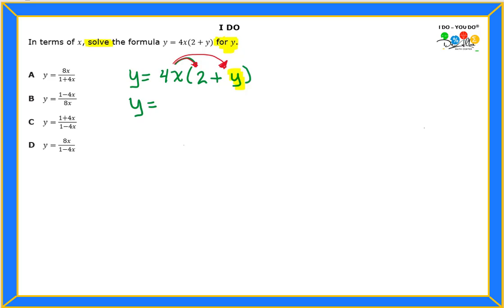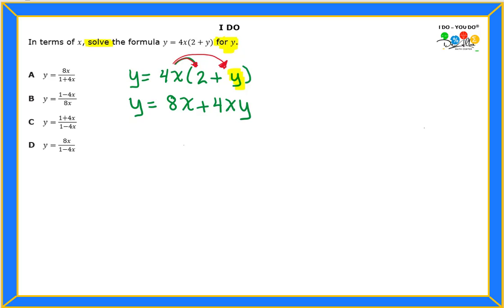On the right, 4x times 2 gives me 8x, right? And 4x times y gives me just 4xy. I cannot say x to the second power because the x and the y are two different variables, so I cannot combine them.